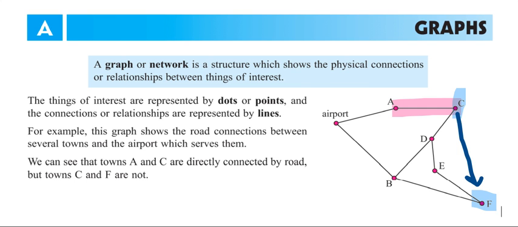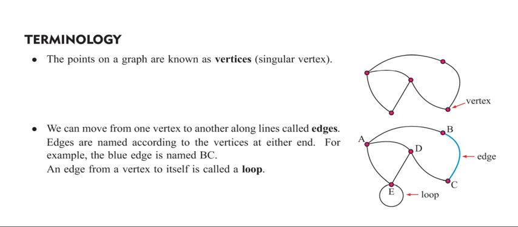Let's move forward now. The other key terms or terminologies that we need to know include the first one, which is called vertex or vertices. All of these points are called vertex and vertices. Vertex is the singular, vertices is the plural. So all of these that I've marked are vertices, right?